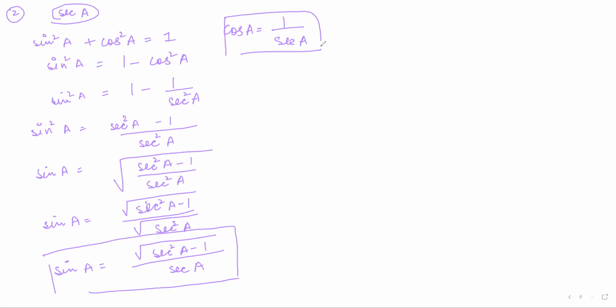Now I want to find tan of A. Whenever you know the value of sine and cos, use this formula: tan A is equal to sine A by cos A. Sine A is the square root of sec square A minus 1 divided by sec A, and cos A is 1 upon sec A. You have to be very careful with the calculations now.